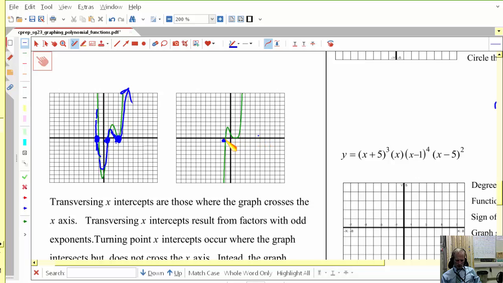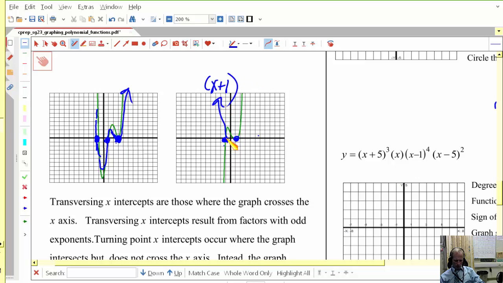Likewise, if we look at this graph here, this first point comes from a factor in the function that has an odd exponent, and this one comes from a factor that has an even exponent. So if we had to write the equation based on looking at this, it would have to be, let's see, the x plus 1 would be that point.